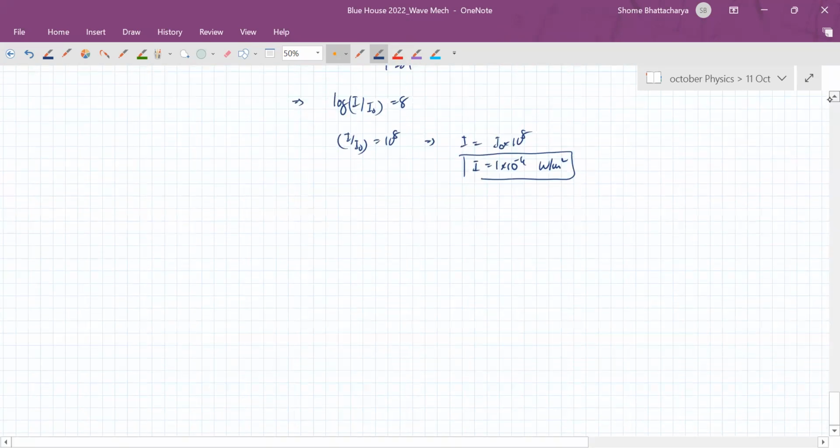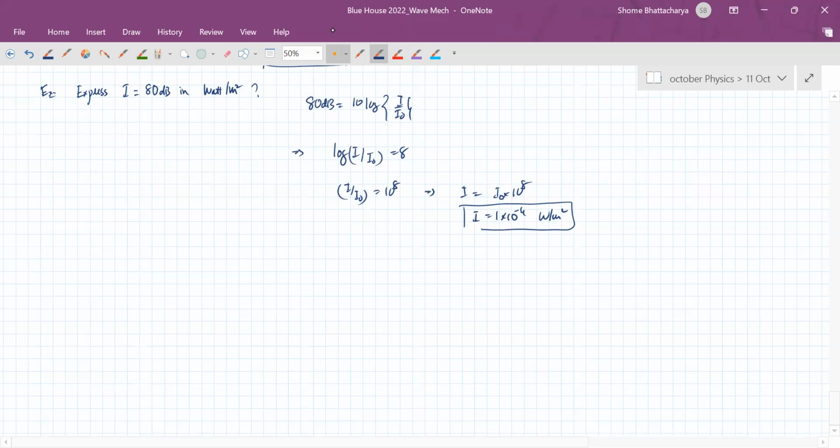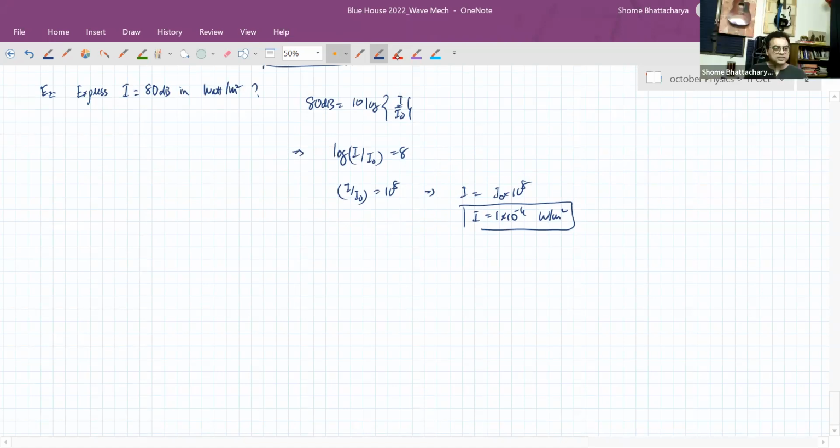Now, a couple of more things to keep in mind about working with the decibel scale. The threshold of pain in decibel scale is 120 decibels.